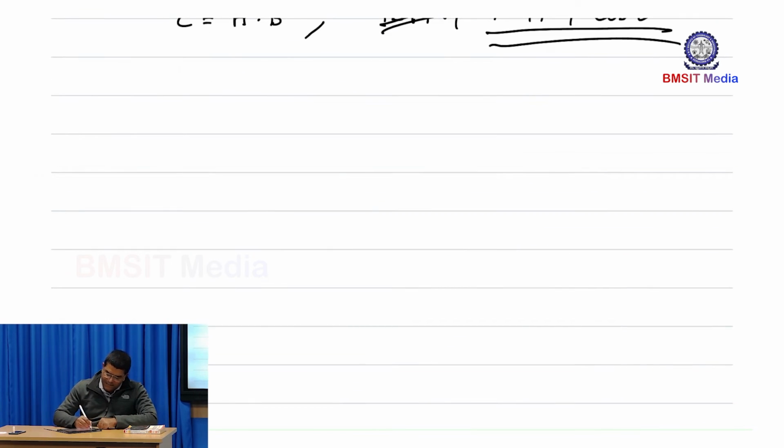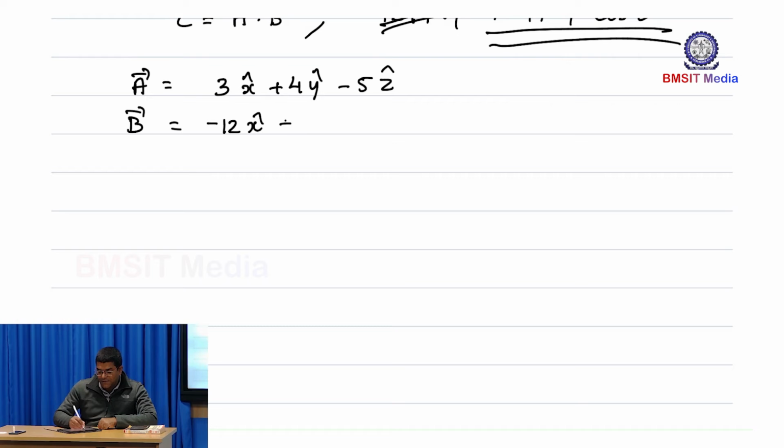Let vector A equal 3x cap plus 4y cap minus 5z cap, and vector B equal minus 12x cap plus 24y cap plus 3z cap. How do you find the dot product A dot B?